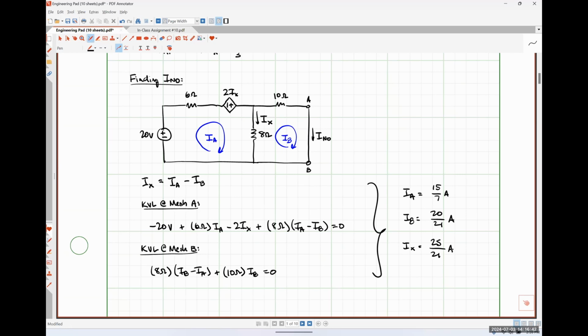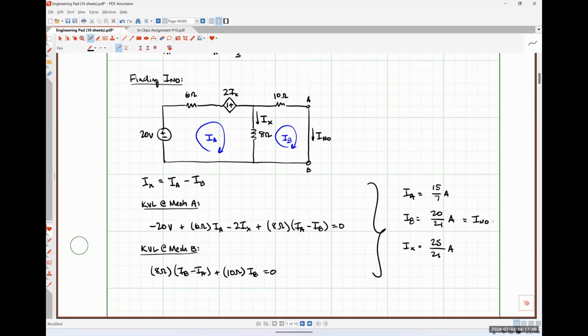If anybody did this in their calculator, did they get a similar result? I got the same thing. All right, thank you for that, Baylor. So which of these 3 currents, or how am I going to combine any of these 3 currents to find my Norton current? IB equals I Norton. Exactly right. IB is exactly the same as I Norton.